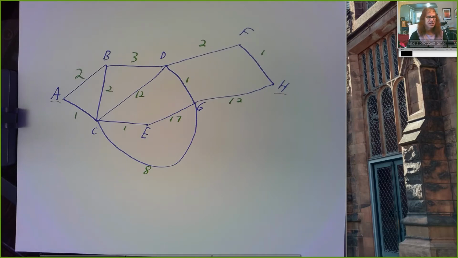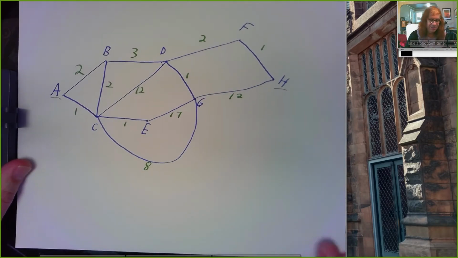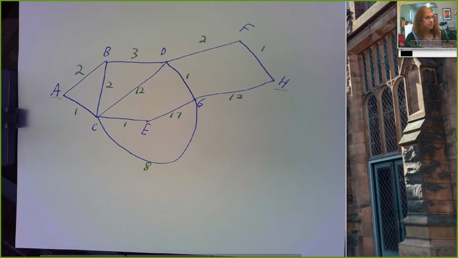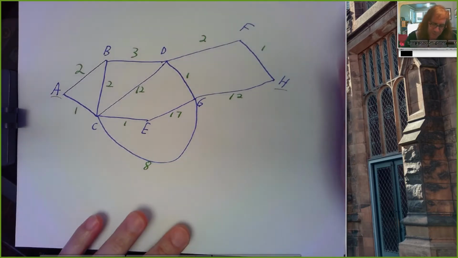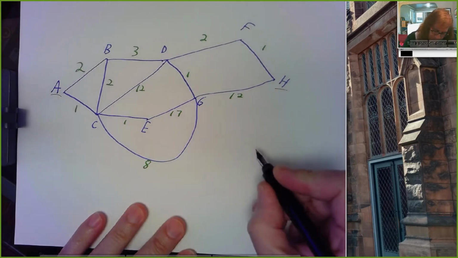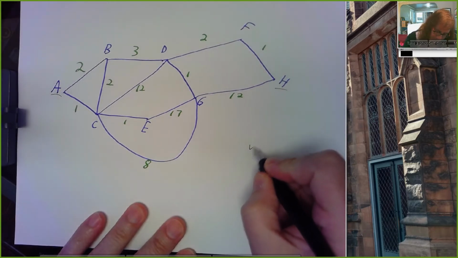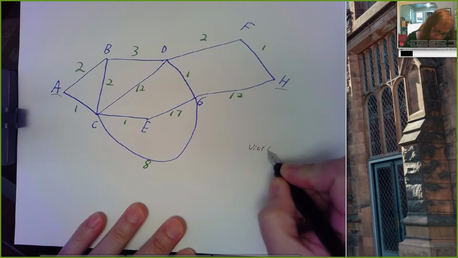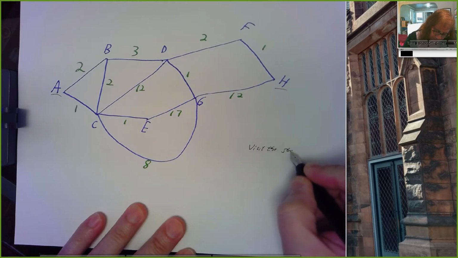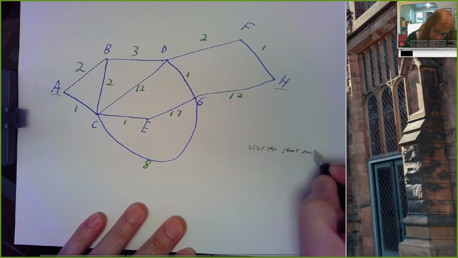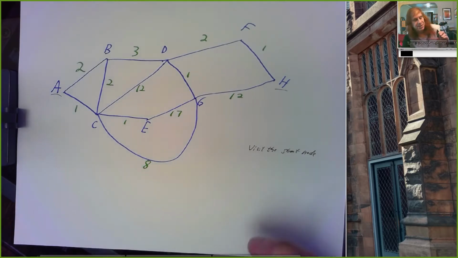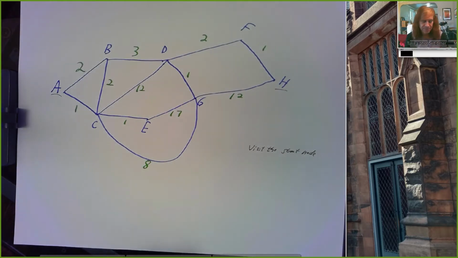And it's only slightly harder than what we did on Wednesday. We simply need to record the vertices that lead us to our decisions at each point. So remember our algorithm. Visit the starting node. That's how we begin the whole process.